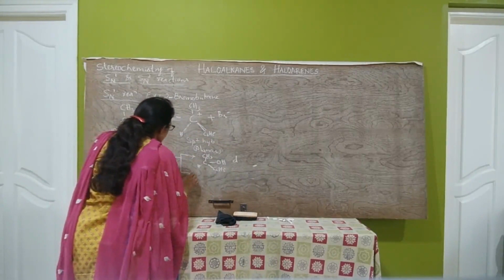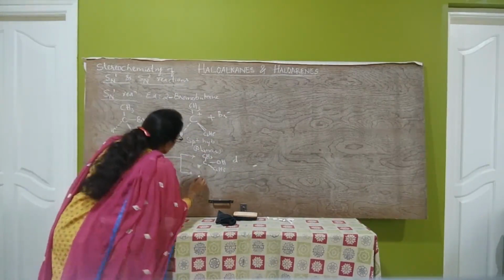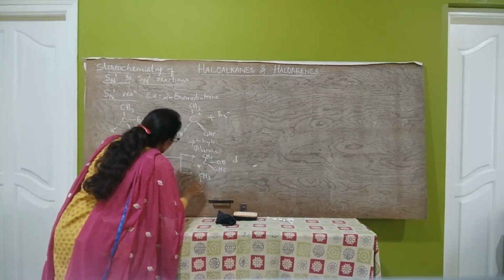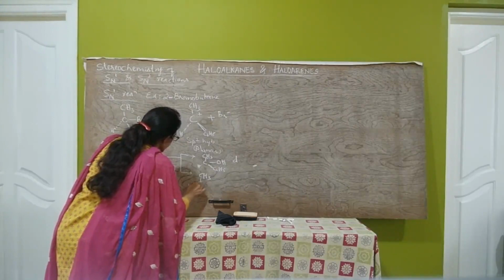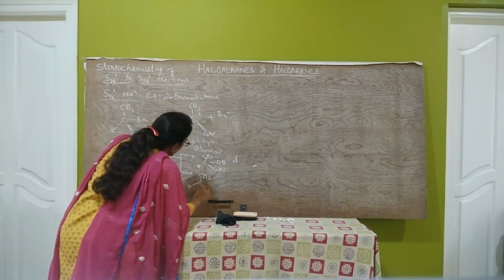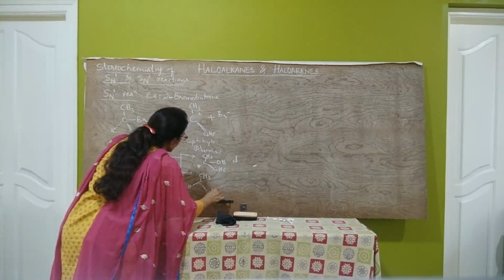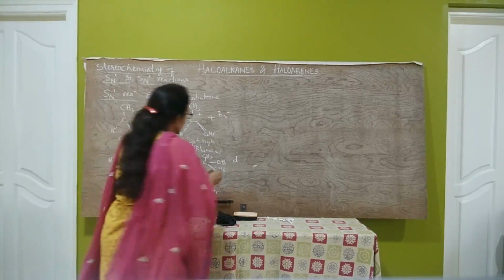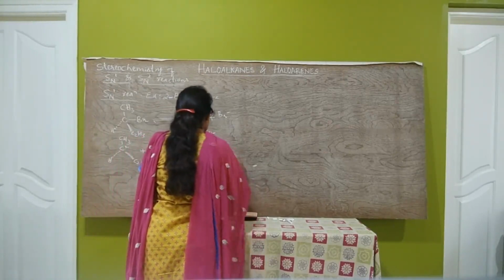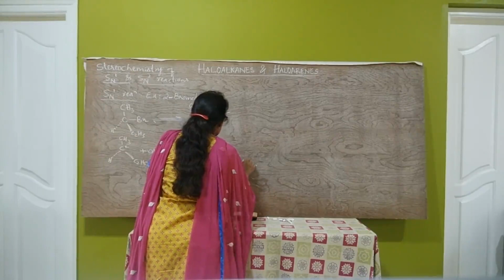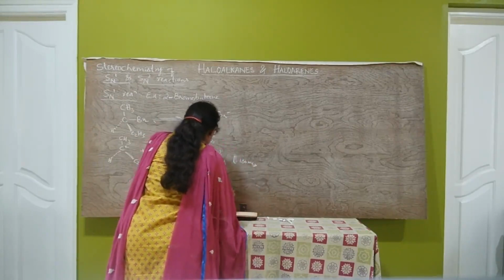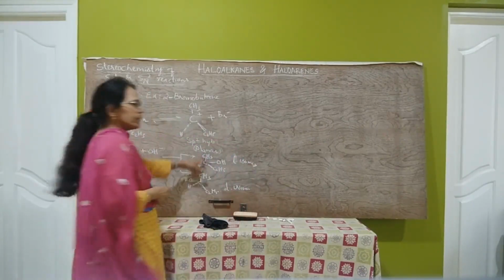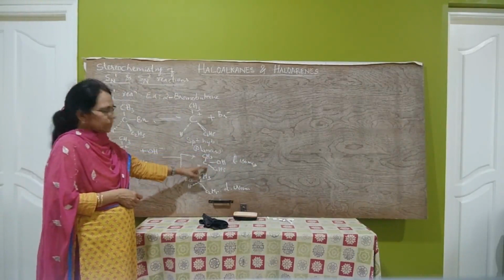If it attacks from the back side, the compound formed is CH3, C, H, C2H5, with OH from the back side. We can say this is the L isomer. The other compound is the D isomer. That is, 50% D isomer and 50% L isomer is formed.